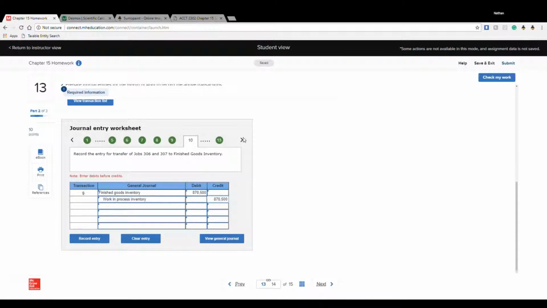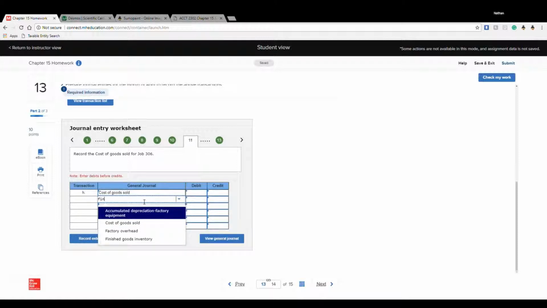Alright, let's move to 11. 11 is now recording the cost of goods sold of job 306. Job 306 was the only one that actually was sold. So with this, we have to debit cost of goods sold because now we get to recognize the expense, and we're going to take it out of finished goods because we don't have the ownership anymore of that inventory.